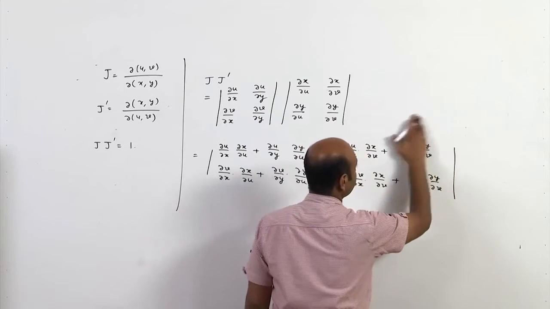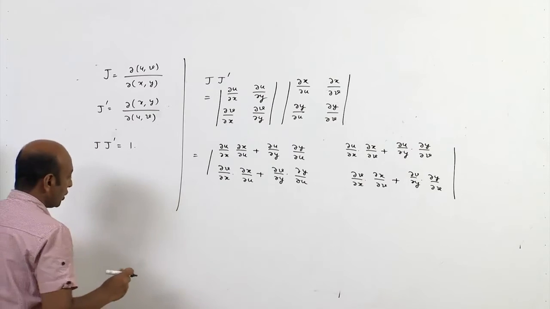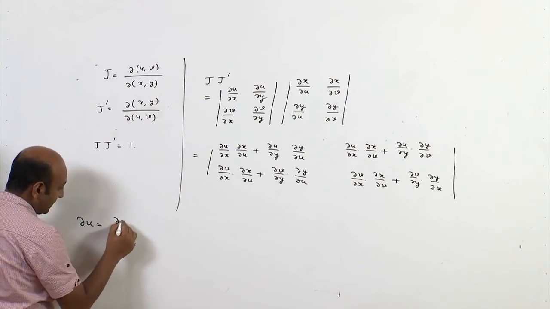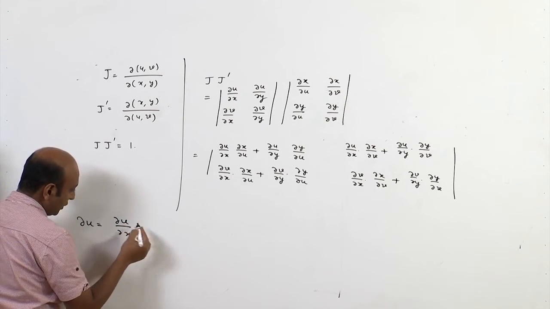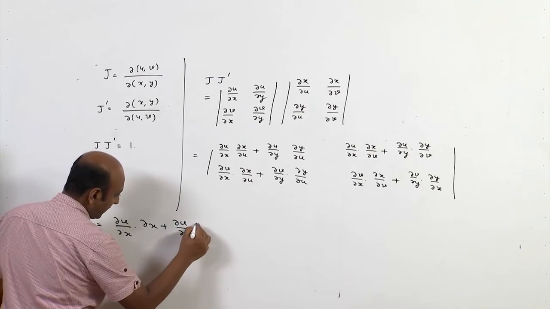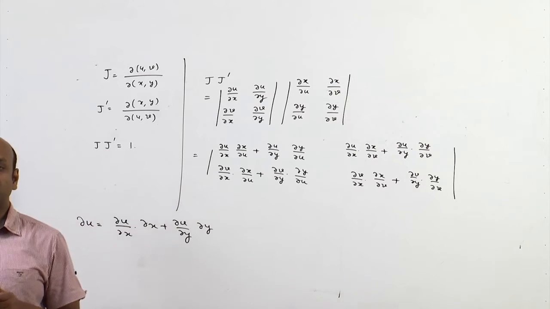Okay. Now what is del u? Del u we can easily write, it is del u by del x into del x plus del u by del y into del y. Okay, because u is a function of x and y.